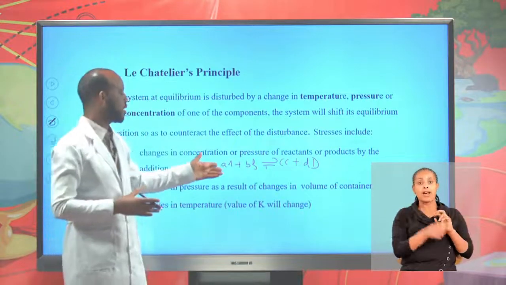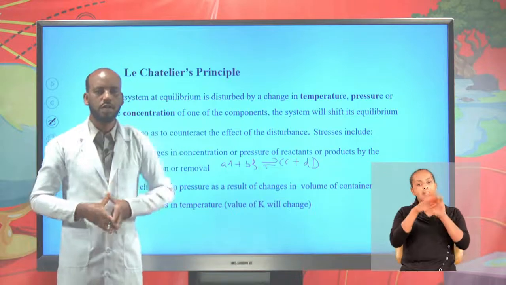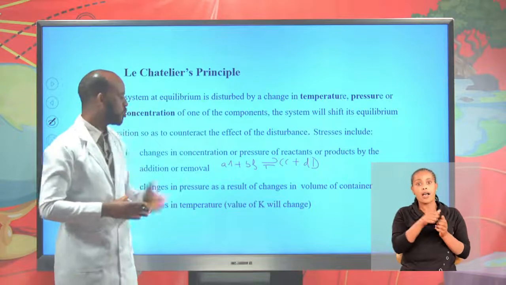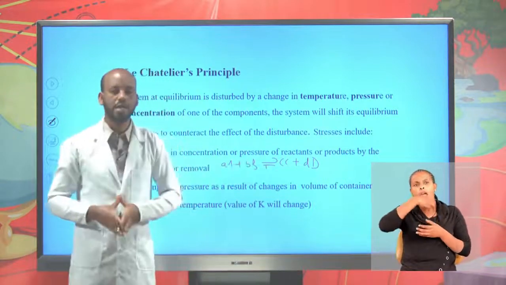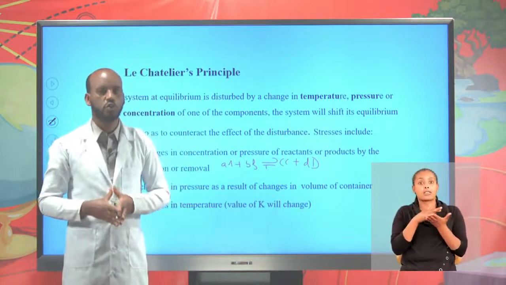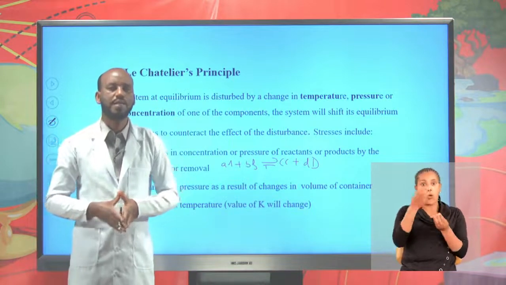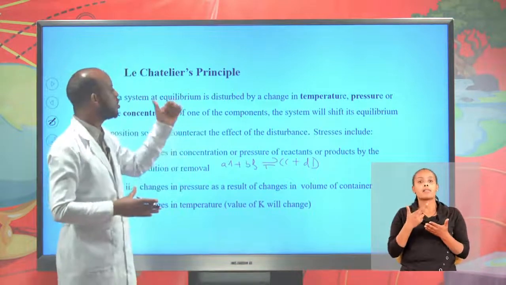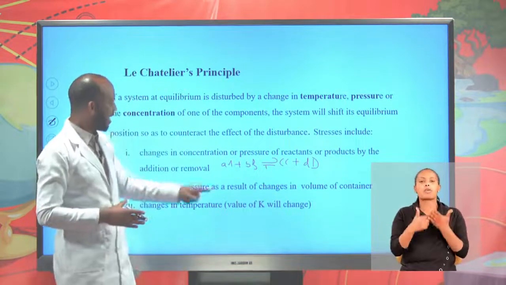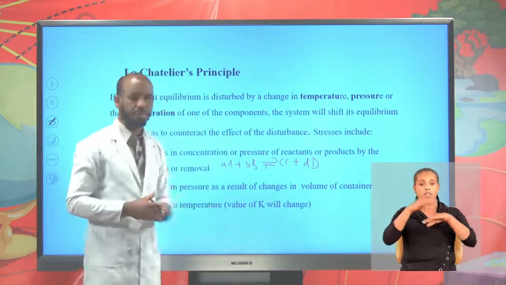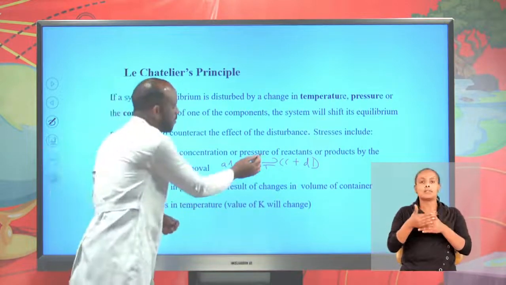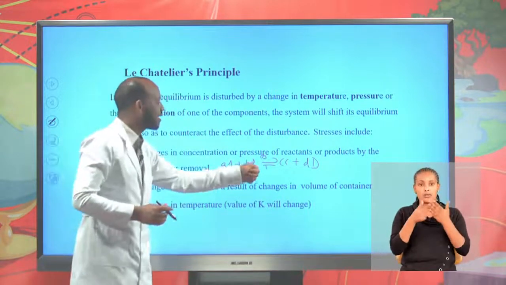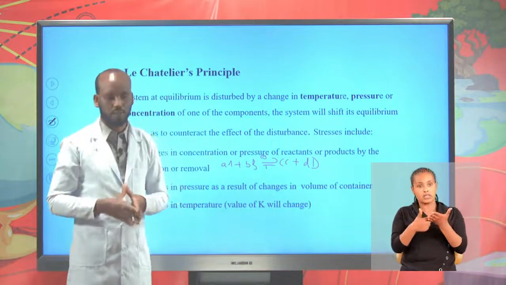The other is increasing or decreasing pressure of the system. The other disturbance is heating or cooling the reaction mixture, increasing or decreasing temperature of the reaction. These are the disturbances. Therefore, when a reaction at equilibrium is disturbed, the system will shift its equilibrium position so as to counteract the effect of this disturbance.